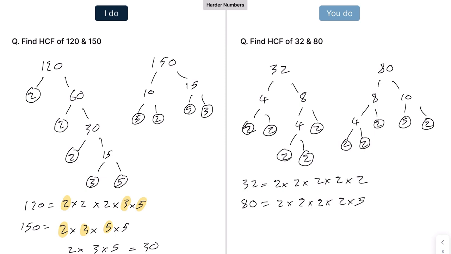And if you look for matching pairs, that's going to be that 2 and that 2, that 2 and that 2, that 2 and that 2, that 2 and that 2. So the HCF here becomes 2 times 2 times 2 times 2. And that is going to be 2 times 2 is 4, 4 times 2 is 8, and 8 times 2 is 16. So that's going to become 16 there.